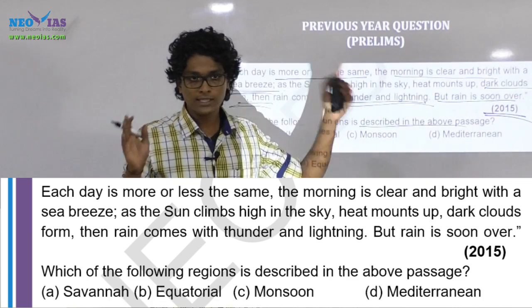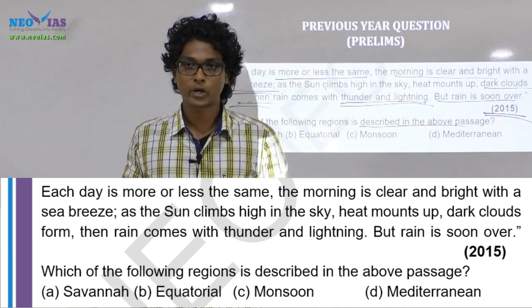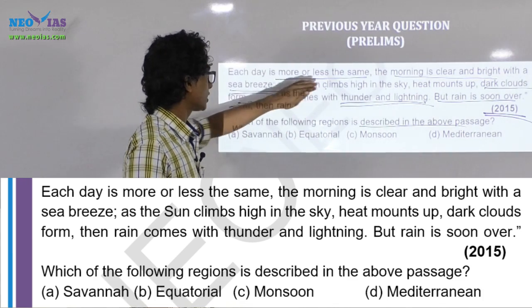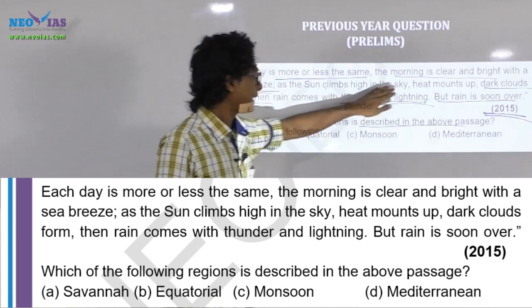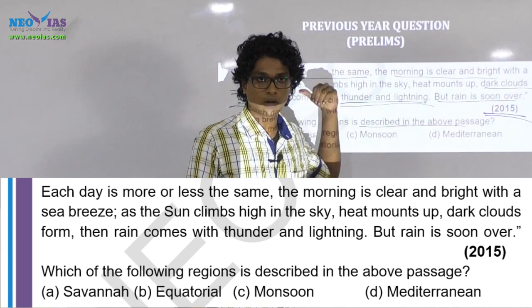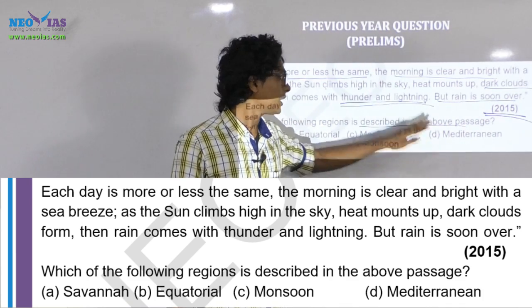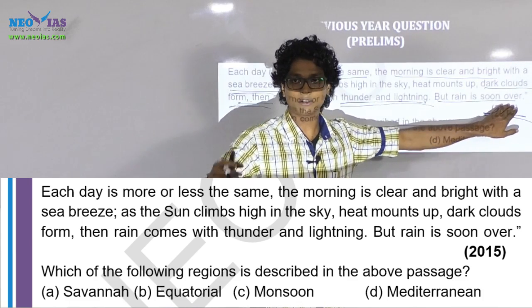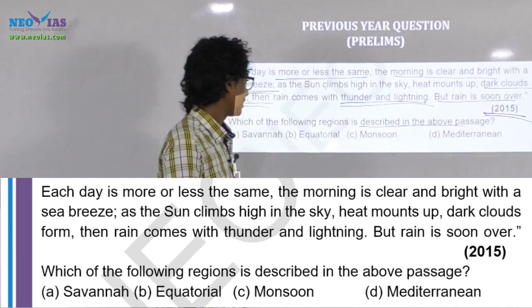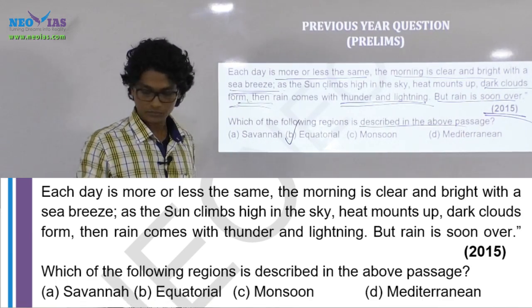So in this paragraph, they have described the equatorial climate. They are saying each day is more or less the same. Morning is clear and we have sea breeze. Then during the afternoon, the clouds mount up, resulting in thunder and lightning, and precipitation takes place. And they are saying there won't be any other spell of rain during that daytime. So this describes the equatorial climate. The answer will come out as B.